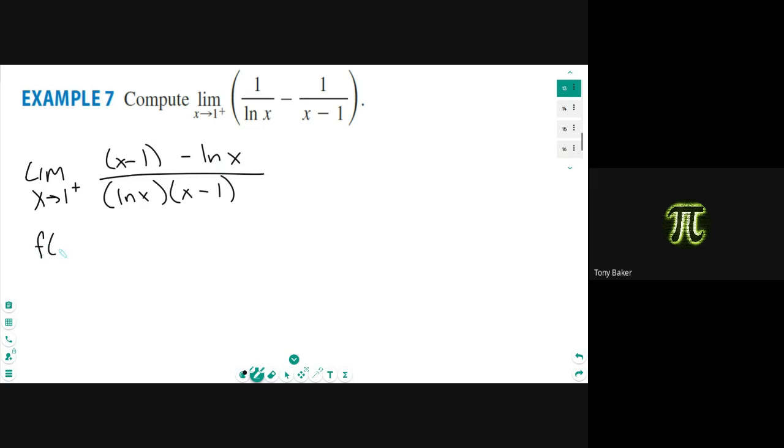So again, to the top. What's the derivative of the top? 1 minus 1 over x. Which, since I'm going to have this as a fraction, I might as well clean this one up. So that's going to be x minus 1 over x.